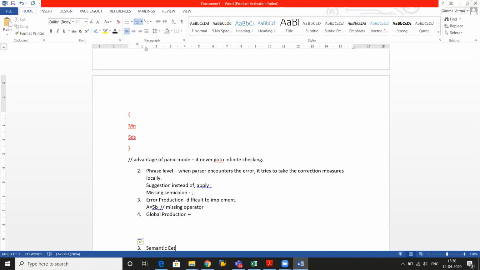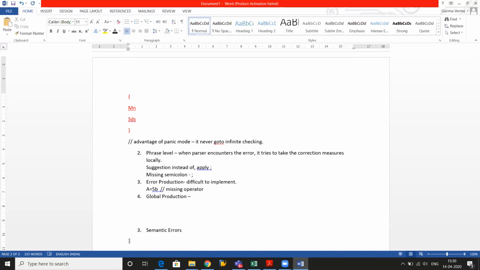Semantic errors, right? Now this type of error is generated by the semantic analyzer. So what type of errors will you get in this category? Say, incompatible type of operands.